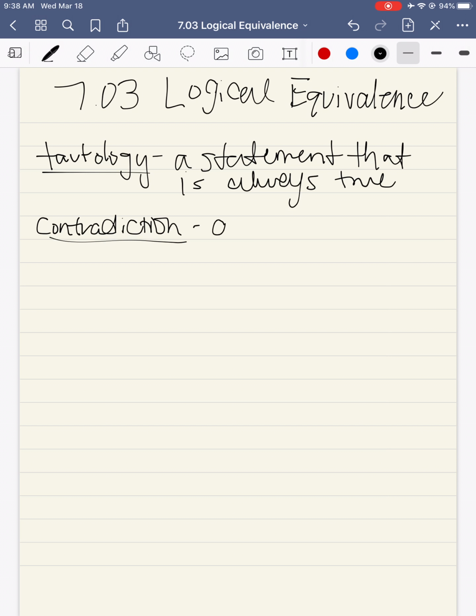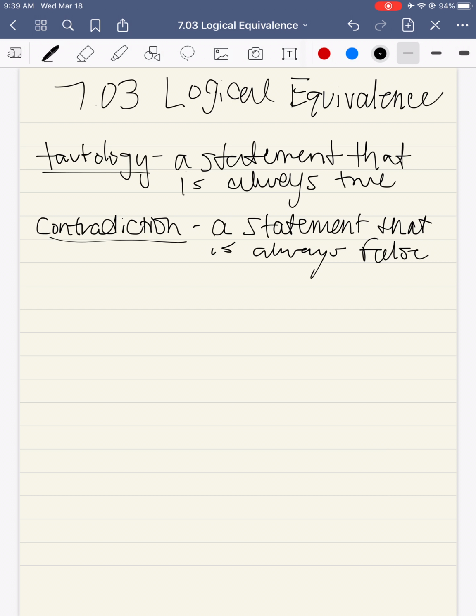And this is a statement that is always false. So we're going to use these definitions to determine if logical statements are tautologies, contradictions, or neither.